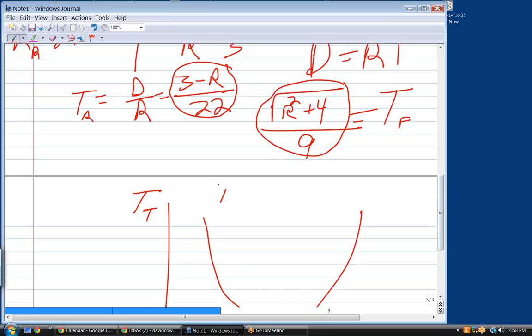Total time is 3 minus r over 22 plus square root of r squared plus 4 over 9. That's the total time function. Now, how do we tell that?